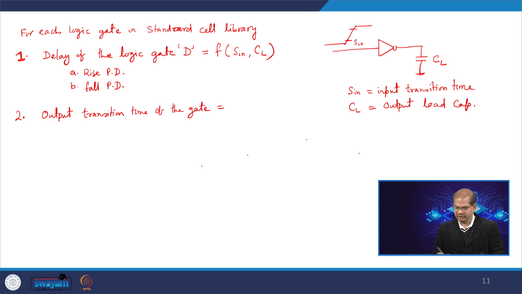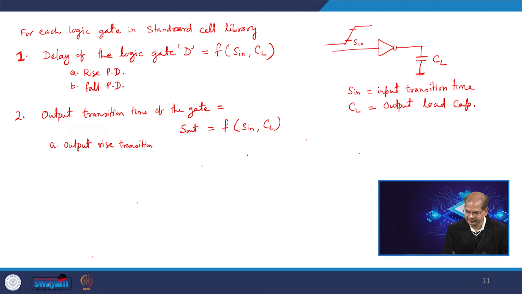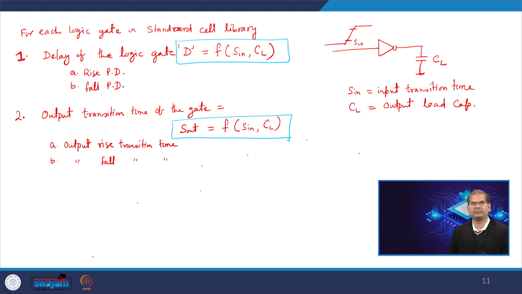The output transition time S out is also a function of the same S in comma CL. It also has two types of transition: one is output rise transition time, and the other is output fall transition time. So I have delay and S out, correct. Now I have 4 parameters for a logic gate.